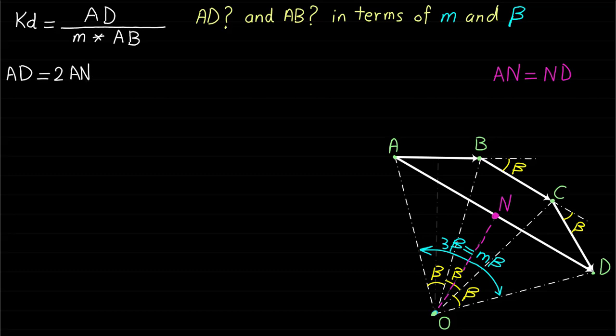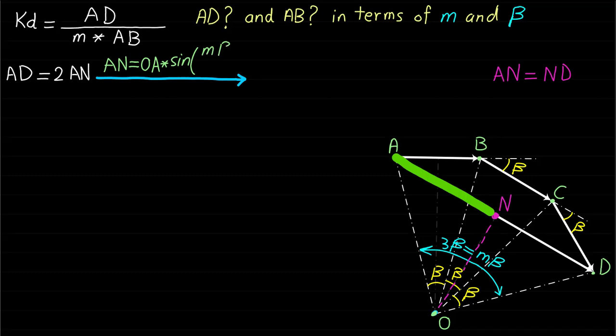By focusing on the triangle OAN, AN equals OA sine M beta over 2. Therefore, the phasor AD will equal 2 OA sine M beta over 2.